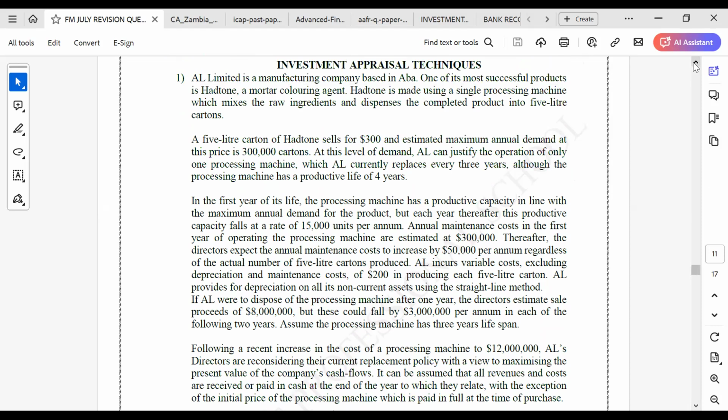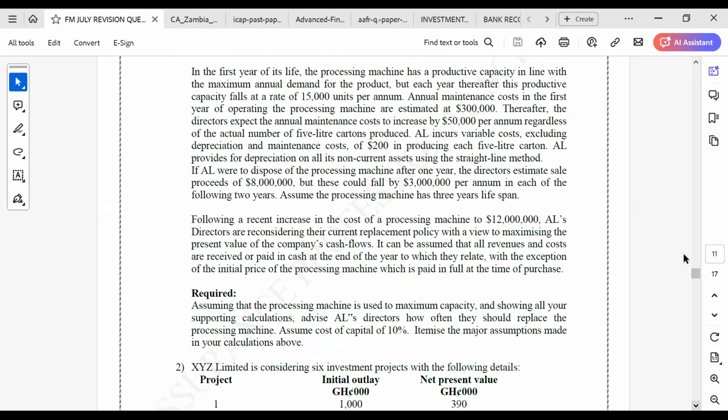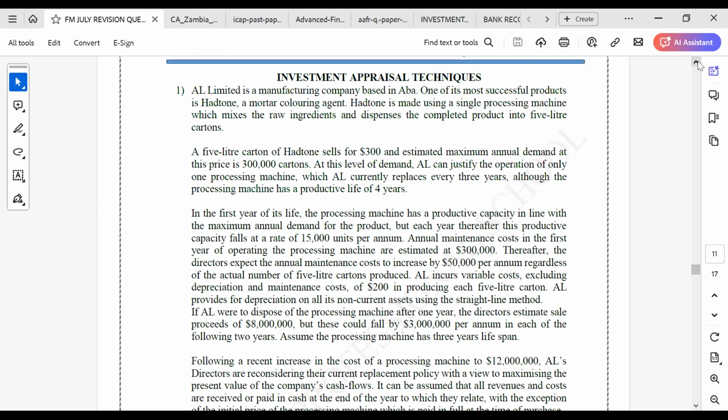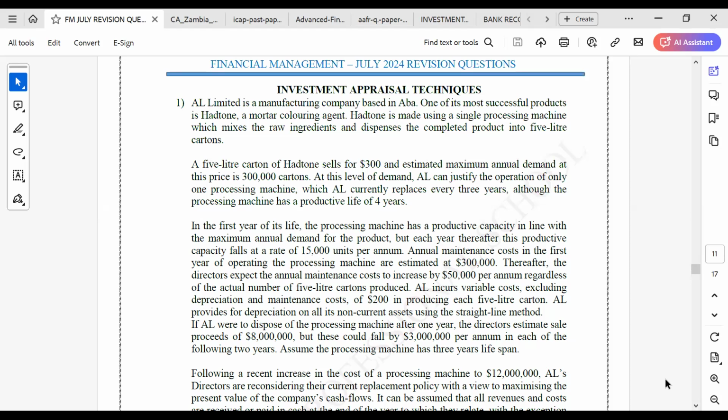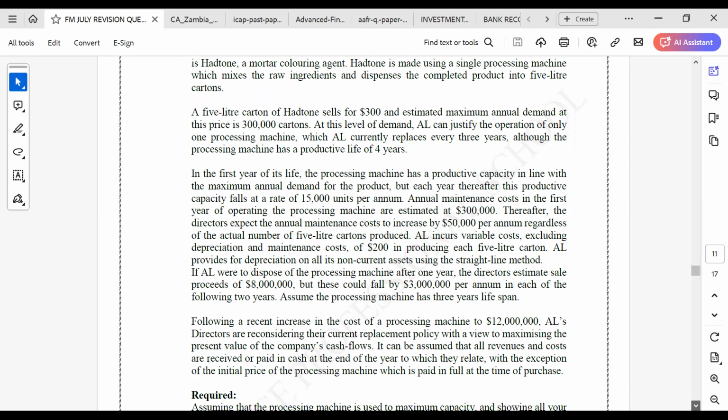They are asking you to know how often the company should replace the assets. They are thinking about every 3 years, but looking at how things are going, they are asking you to advise them on the replacement policy. So how often should they replace their assets?